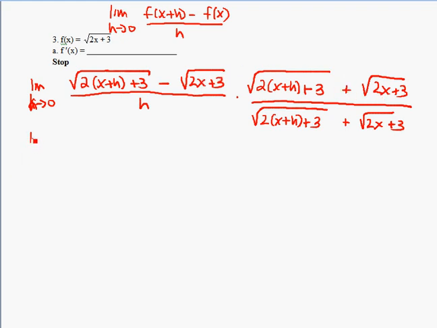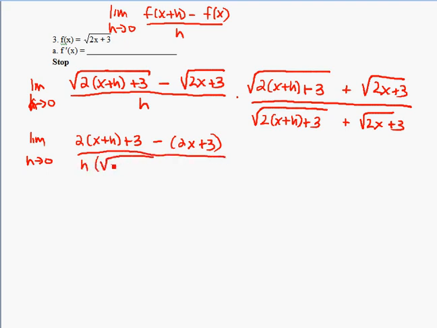So I'm just left with 2 times x plus h plus 3 minus the quantity 2x plus 3 all over h times the conjugate. I'm not going to multiply h through, because it doesn't help me. Distribute this 2, distribute that negative.